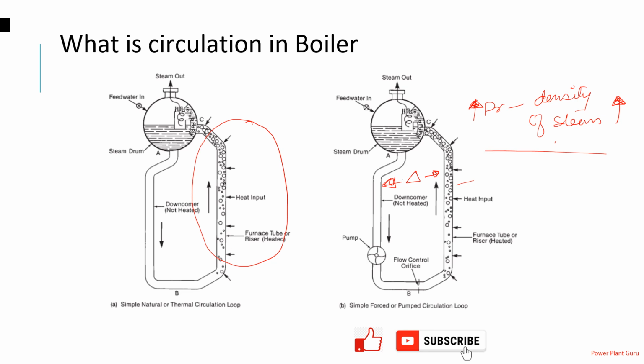And if your circulation is low and you are giving that heat again to the system, then as we discussed in the previous slide, there will be heat transfer issues because you are circulating less fluid. To overcome this, a boiler circulation pump is introduced in many boilers.